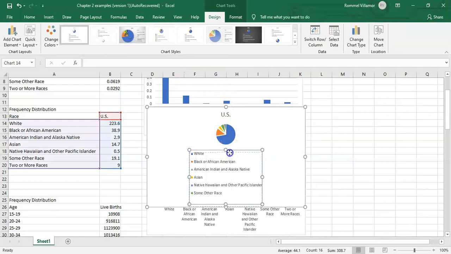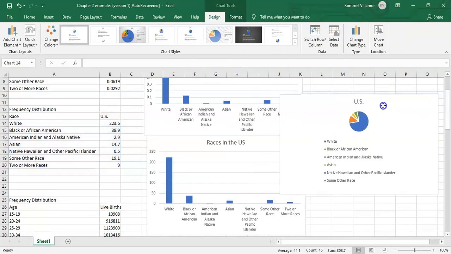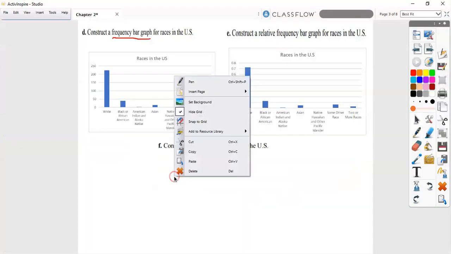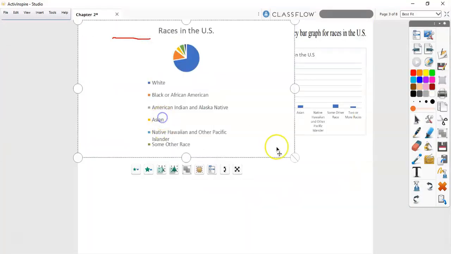And then I'm just going to move it here. Change the title to Races in the US. And then just copy and paste it to my presentation. And there we go.